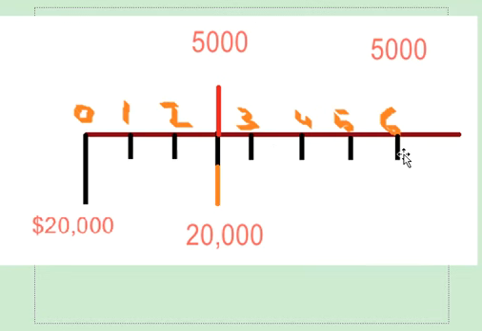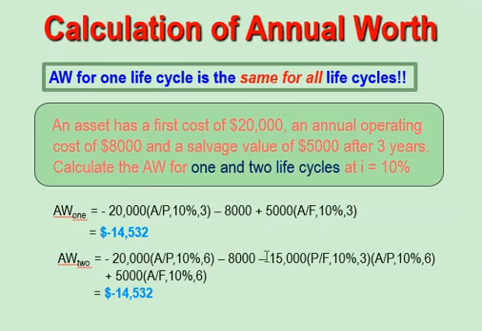So I repeat everything. Now at year 3, I already made $5,000 from the previous machine. Then I bought a new one. $5,000 of profit, $20,000 loss. So we have here negative 15. That's why here I put negative 15.